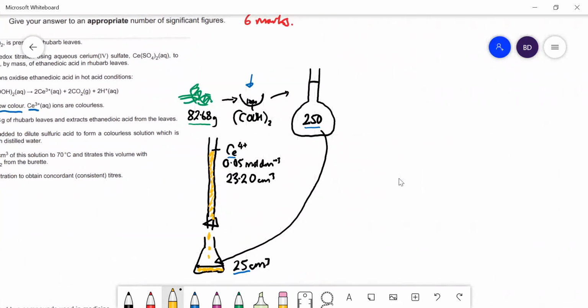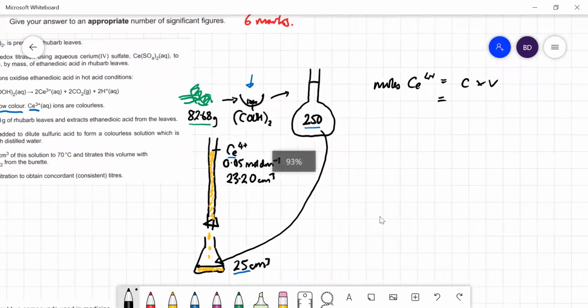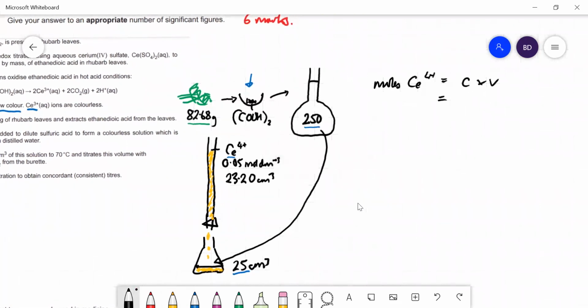Right, so let's work out our moles of Ce4 plus first of all. So moles of Ce4 plus in the titer is equal to the concentration times by the volume. Well, the concentration of the Ce4 plus, they tell us, was 0.05.